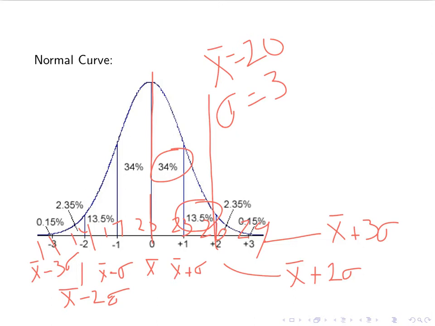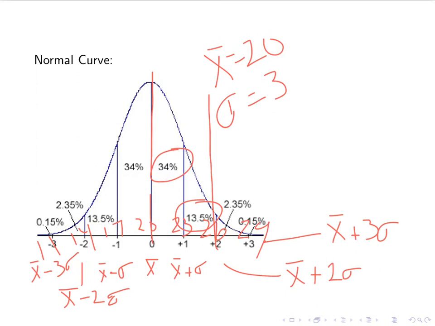So I would say that 47.5% of my values lie between 20 and 26. Okay, so these problems really just involve adding and possibly a little bit of multiplication at the end, but it's mostly just adding.